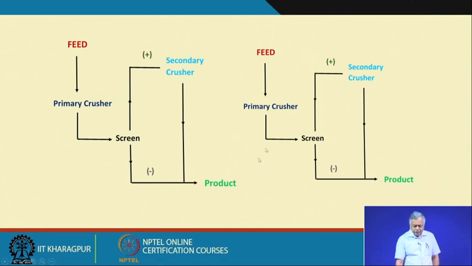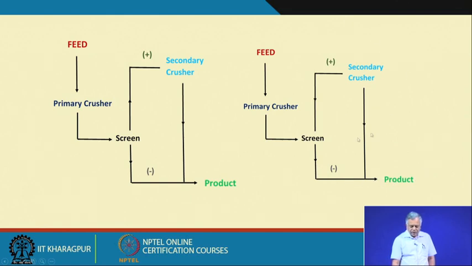Whereas, in this circuit you see that the primary crusher product is coming to a screen and the undersized material you are sending to the product, whereas the secondary crusher product which is oversized is again sent through a screen, and unless and until it is finer than that, it is not getting to the product stream.